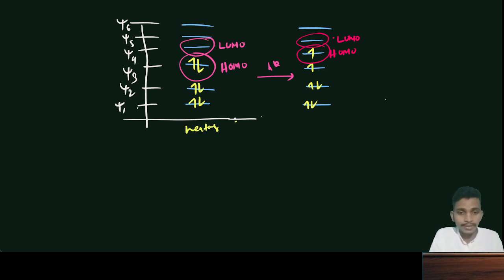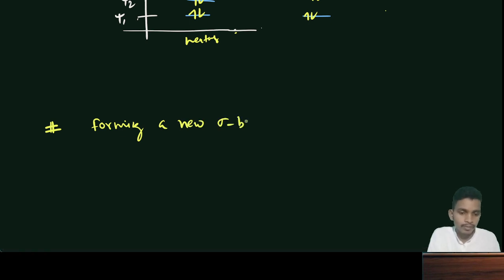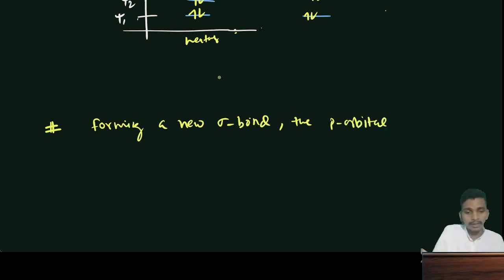So what I said here, forming a new sigma bond, because the sigma bond is forming. The p orbitals were in the pi orbitals.